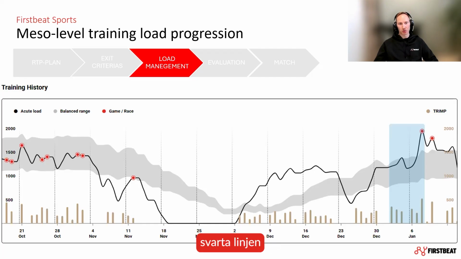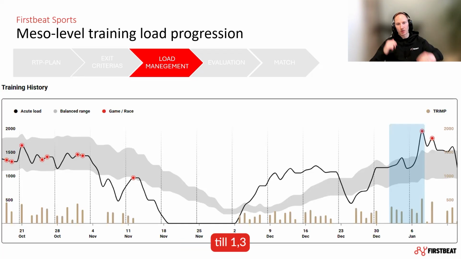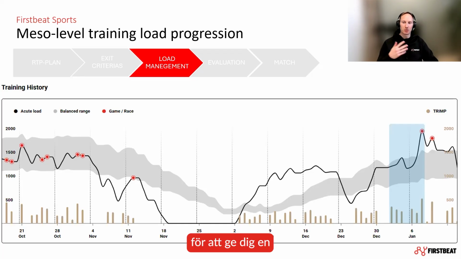here in the picture. So the black line is representing the acute load, the 7-day trimp sum, and then these golden bars are representing the trimp sum of individual days, and then we have the balanced range, which is the chronic load multiplied by 0.8 to 1.3 to give you an estimate of where the load should roughly be.